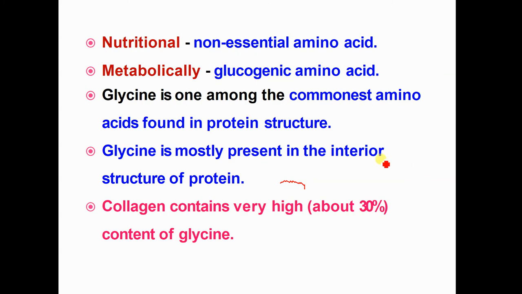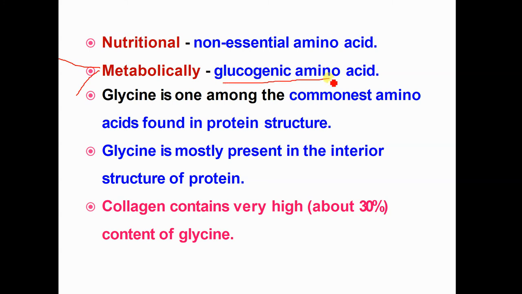And metabolically it is a glucogenic amino acid. Generally, based on metabolism, the amino acids are divided into two types. One is known as glucogenic, the other is known as ketogenic.